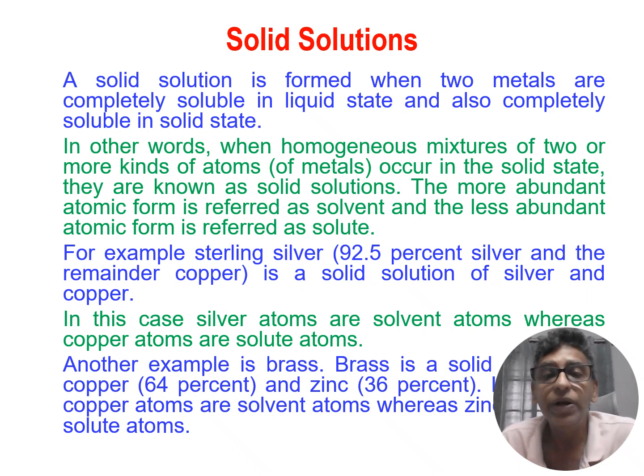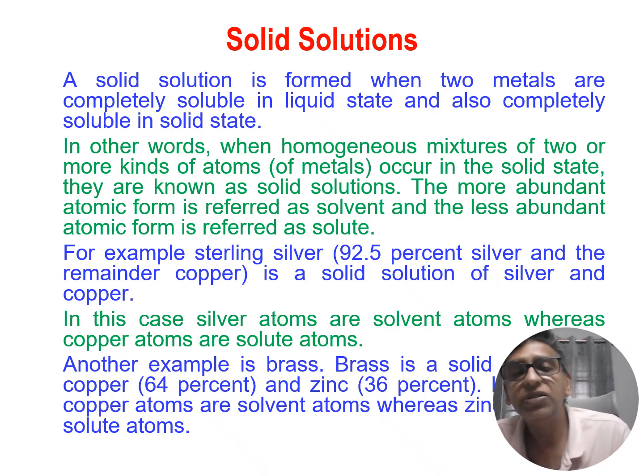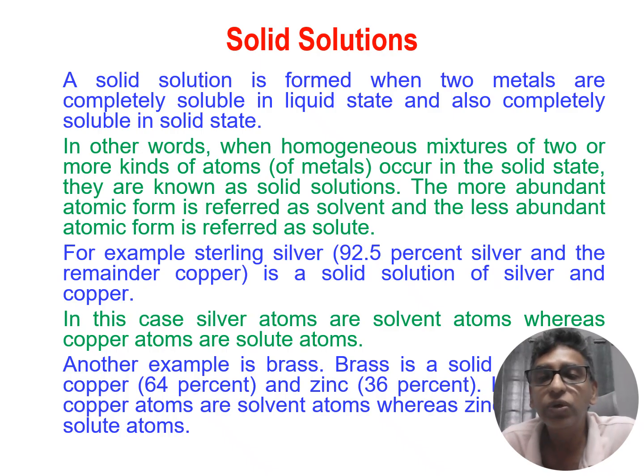The more abundant atomic form is referred to as the solvent and the less abundant atomic form is referred to as the solute. For example, sterling silver, 92.5% silver and the remainder copper, is a solid solution of silver and copper.